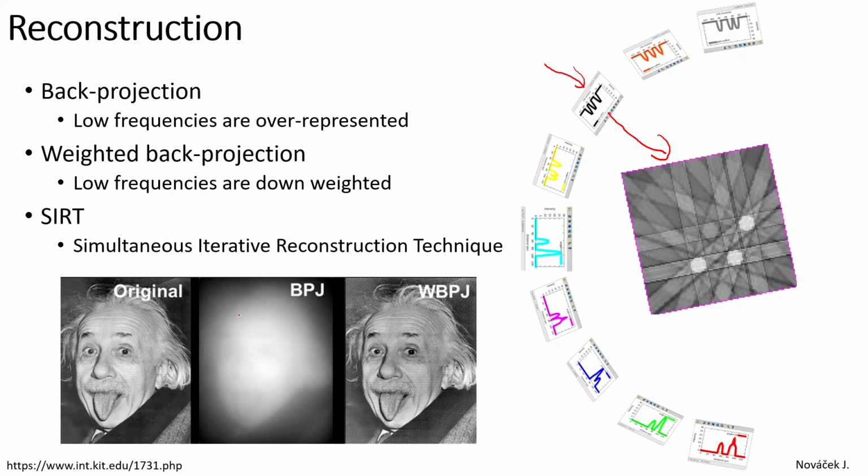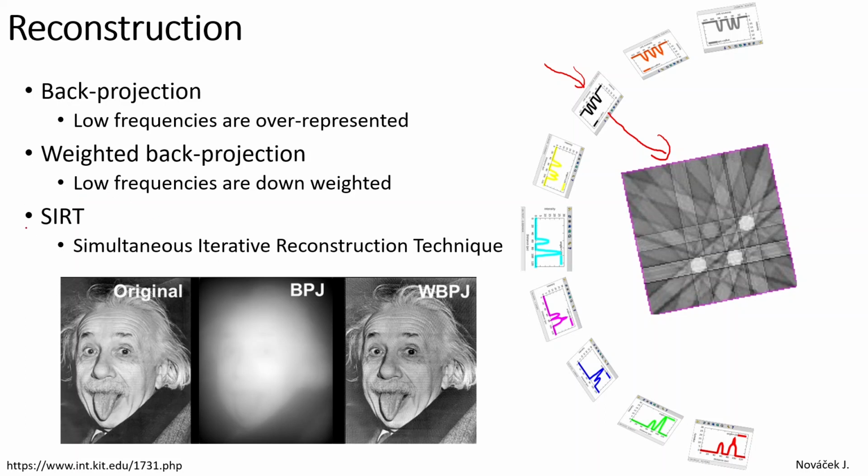This can be removed if our original projection data has downweighted low frequencies, which brings out more of the high frequencies that you can see here in the weighted back projection model. So nowadays, usually if you are doing tomographic reconstruction, you are using the weighted back projection method.